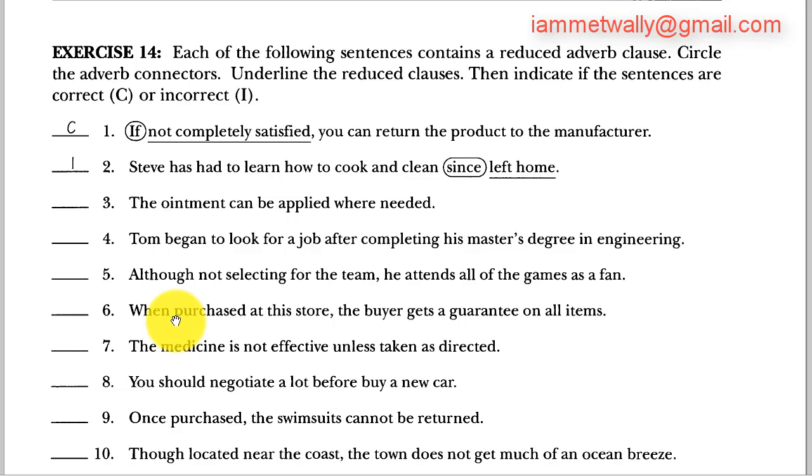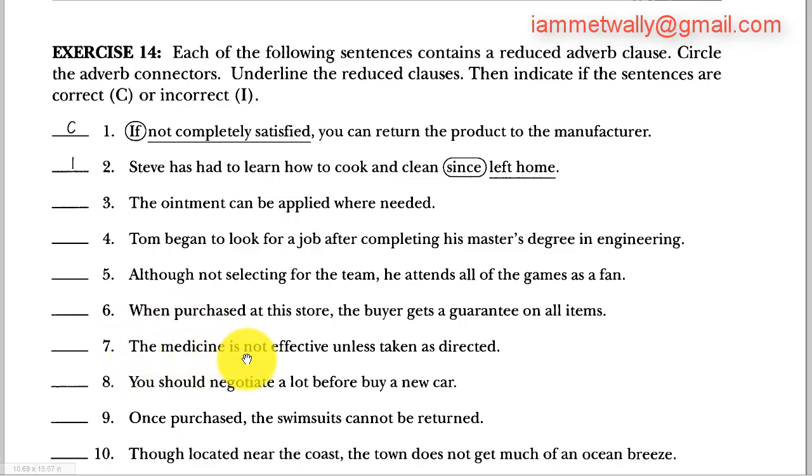The original sentence is when you purchase at the store. So I of course change purchase into ing, so when purchasing at this store, but it is not purchasing, it's purchased. That means you're talking about the item. No, you should be talking about the person who buys from the store. So the sentence is incorrect.